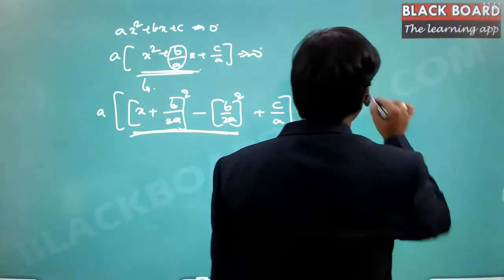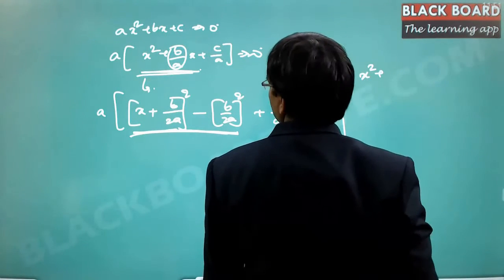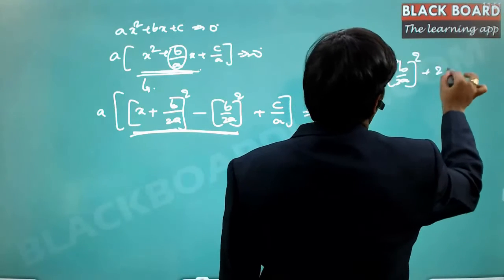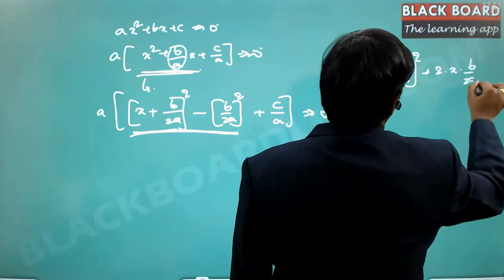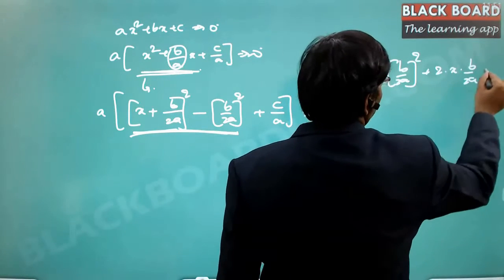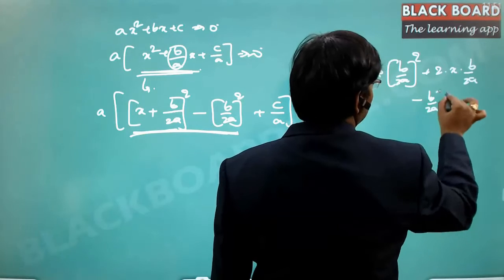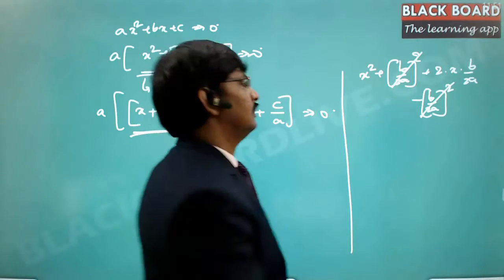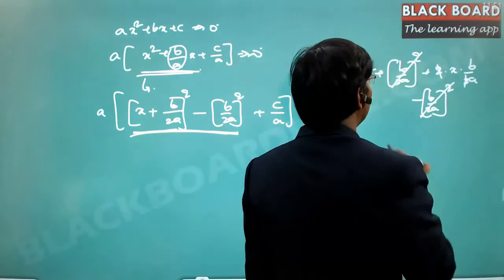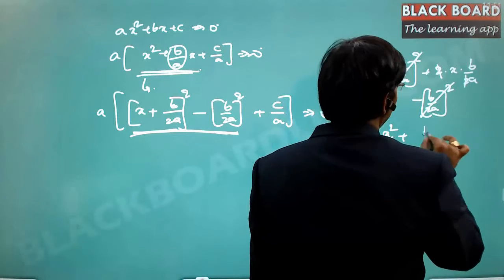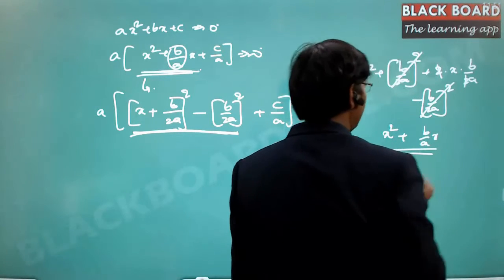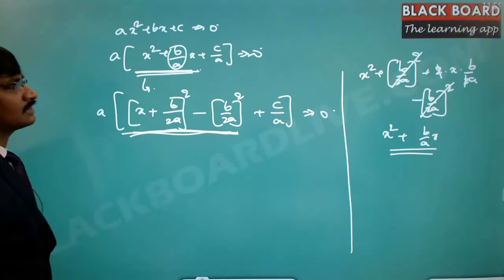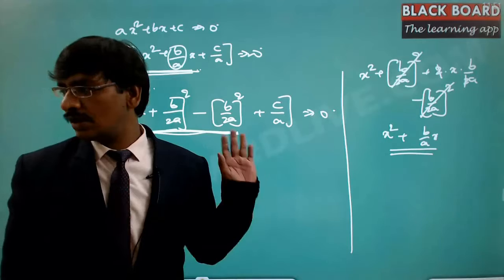If I square this value, x square plus b by 2a whole square plus 2 times x into b by 2a, minus this value, b by 2a whole square. If you notice, this value and this value are one and the same and will cancel out, and this 2 and this 2 will cancel out, and we are left with x square plus b by a times x. Whatever I have written in this format is exactly equal to x square plus b by a times x. So these two are one and the same.